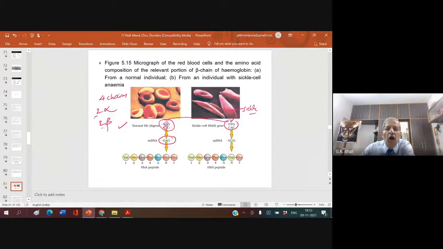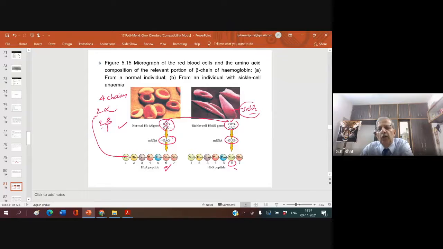The normal mRNA results in the pooling of glutamic acid. When the mutation has taken place, this results in transcription of the wrong mRNA, which results in the pooling of the wrong amino acid, valine. In a person suffering from sickle cell anemia, at the 6th position of the beta chain, instead of glutamic acid, there is valine. This replacement of glutamic acid by valine makes the wrong type of RBC get produced.